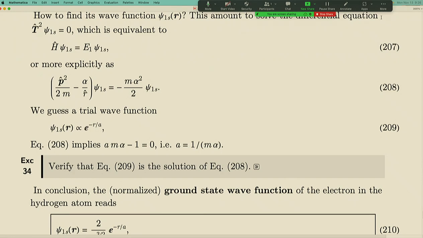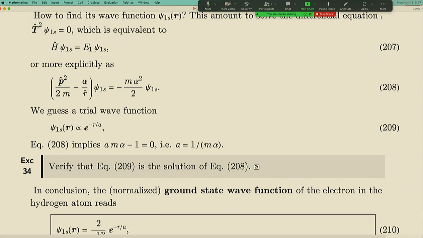And I actually didn't explain why we take this form. I can only say it is because people have solved this equation and found that the ground state looks like that. So the strategy, instead of trying to solve it, is to substitute this trial solution into this equation. And we can show that this trial solution indeed allows the equation to hold.